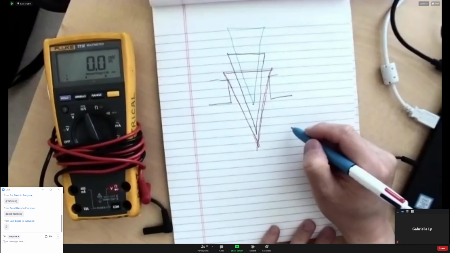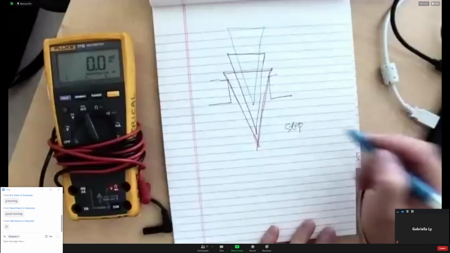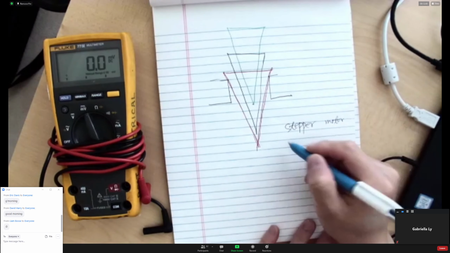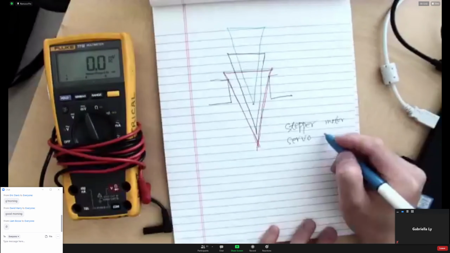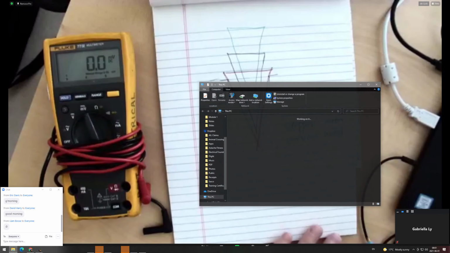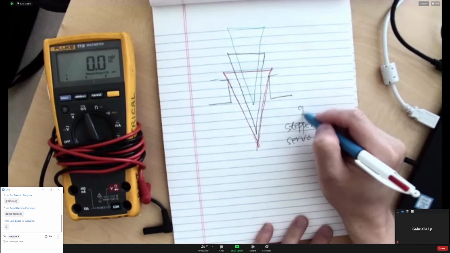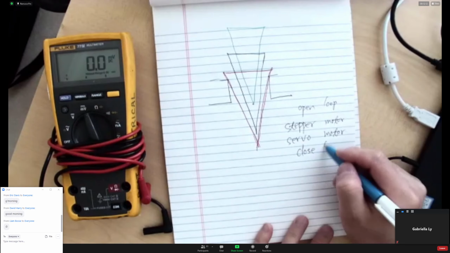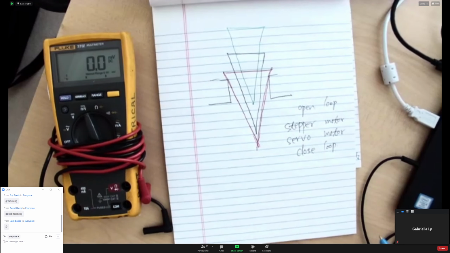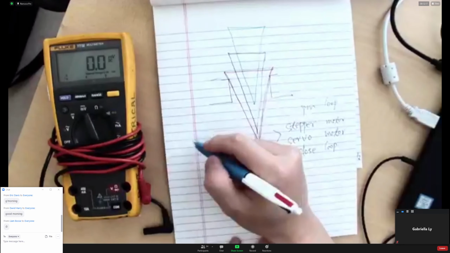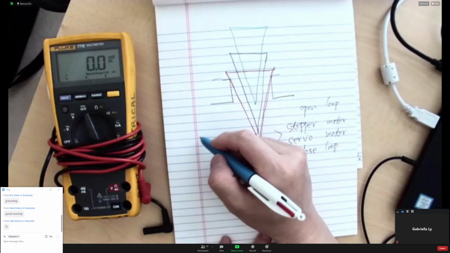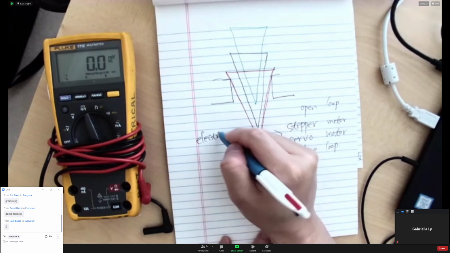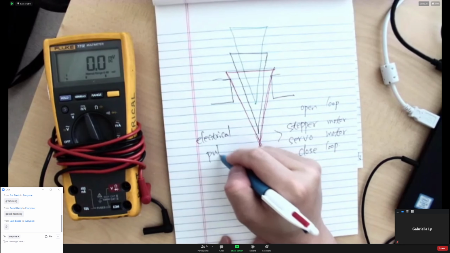Yesterday we were talking about the step motor, right? The difference between a step motor and a servo motor. We were talking about one being open loop control and the other being closed loop control. To drive those motors, you basically put in some electrical pulses.